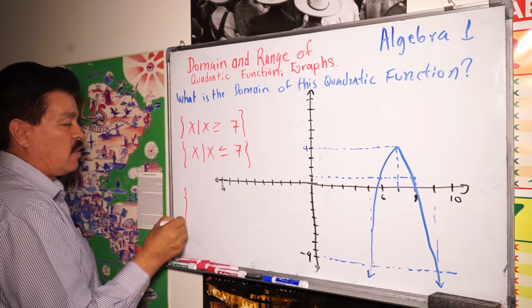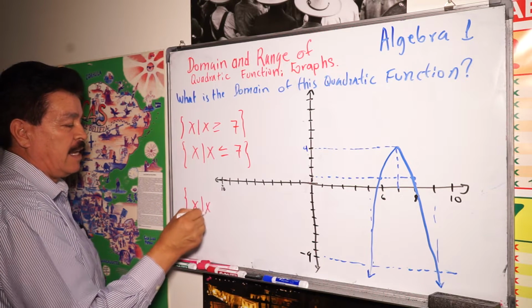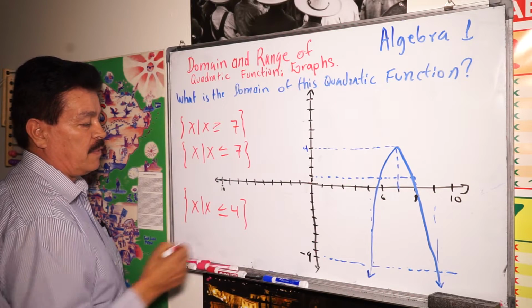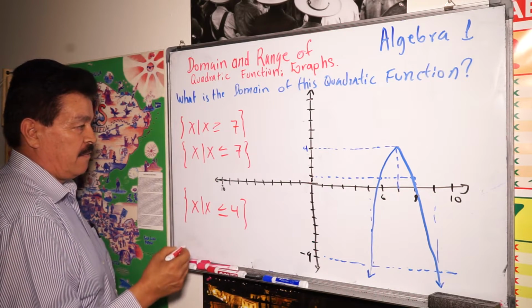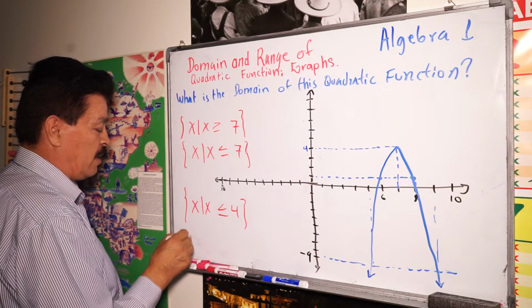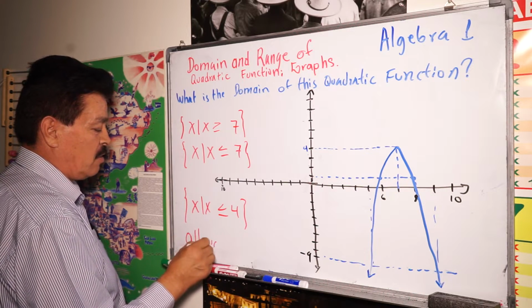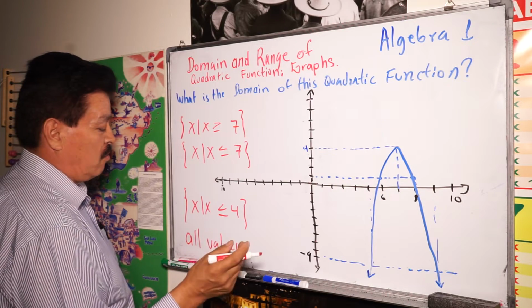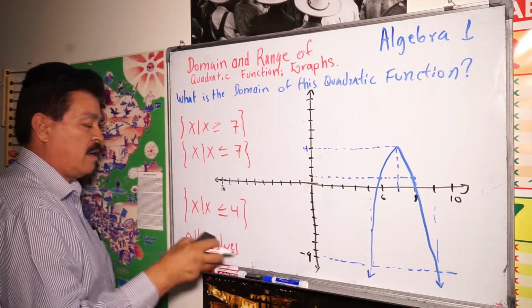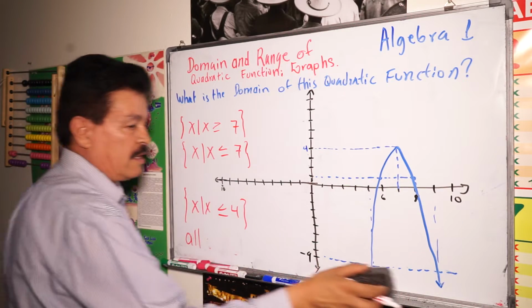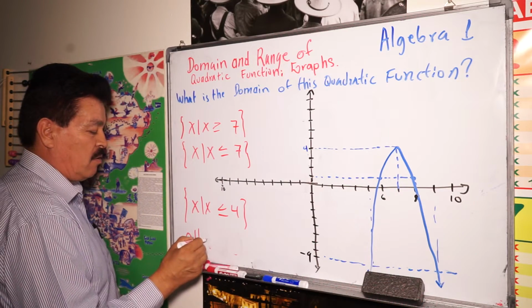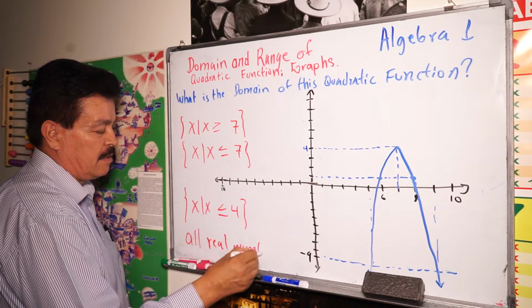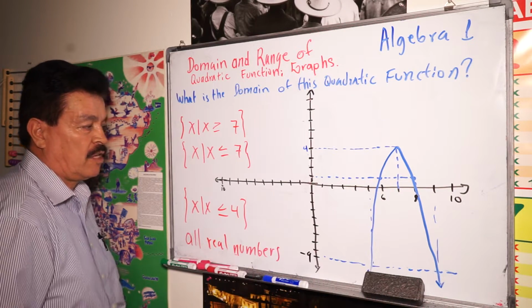Another one: x such that x is less than or equal to 4. And then the fourth answer is all real numbers. This is another possible answer.